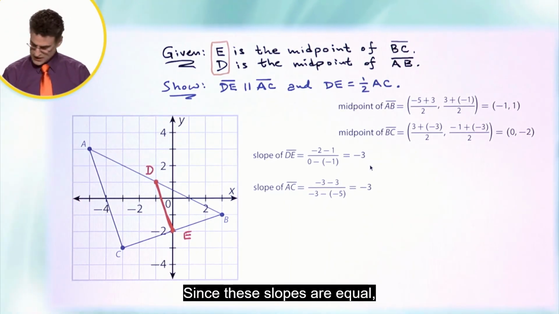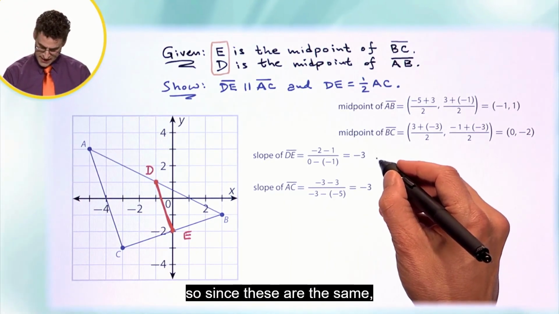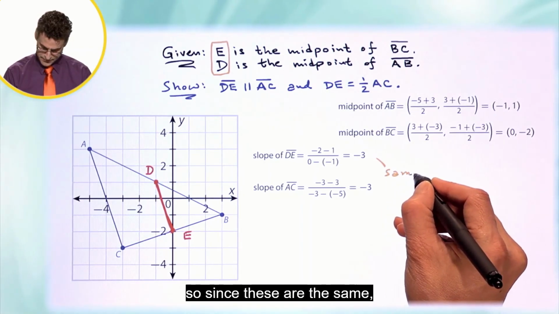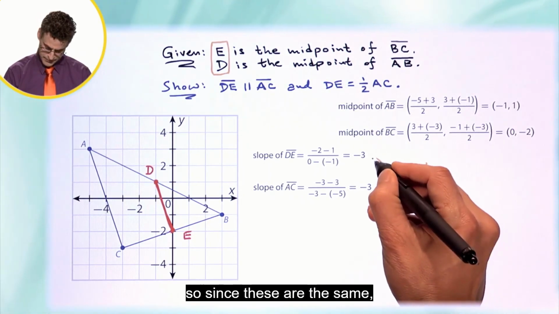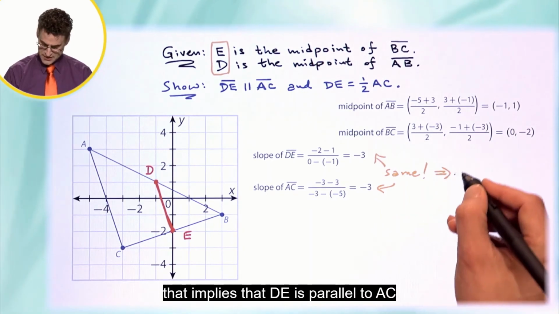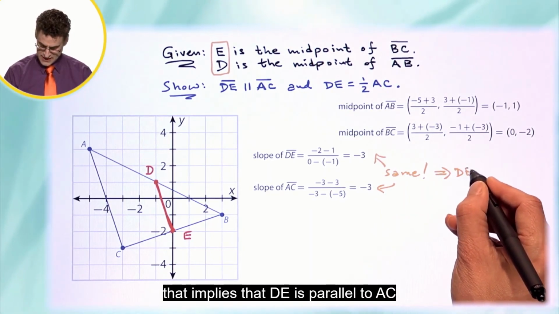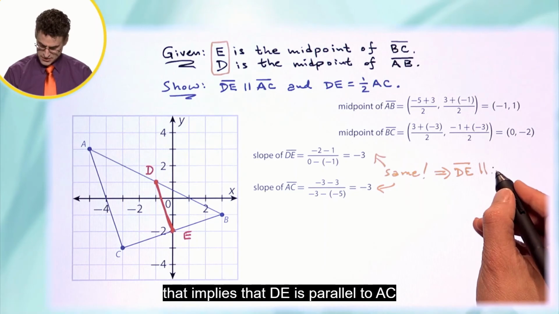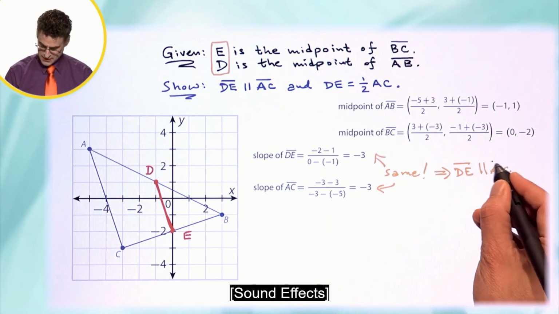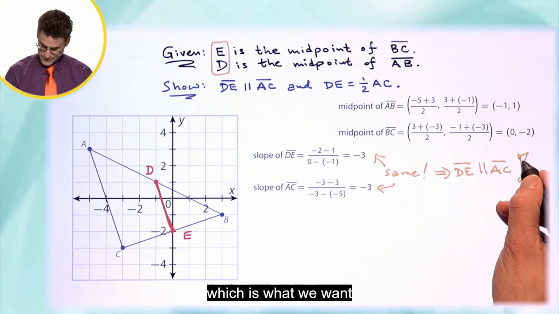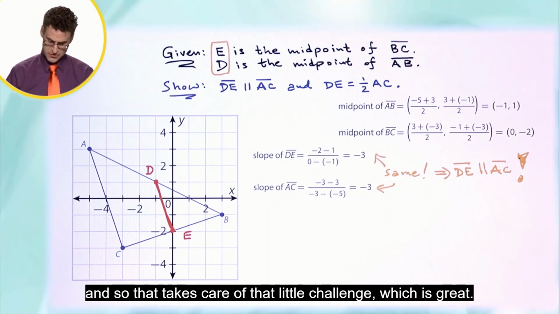Since these slopes are equal, that implies that DE is parallel to AC, which is what we want. And that takes care of that little challenge, which is great.